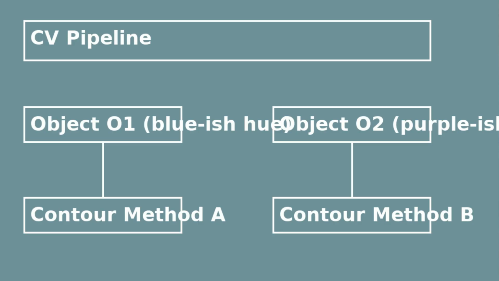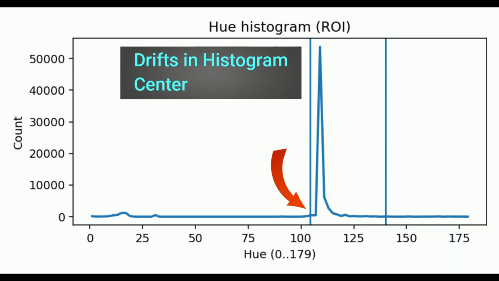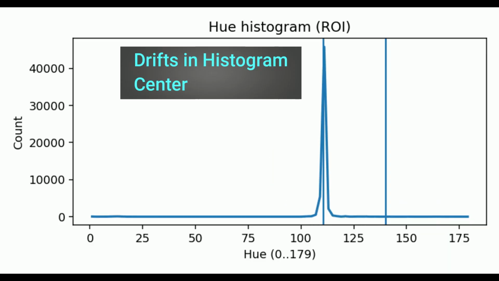Inside the code, these branches are usually very simple if-else conditions. If dominant hue is less than a certain boundary, you branch to A, else branch B. They look trivial, but they are the source of huge instability because very small drift in histogram center can flip the branch decision.